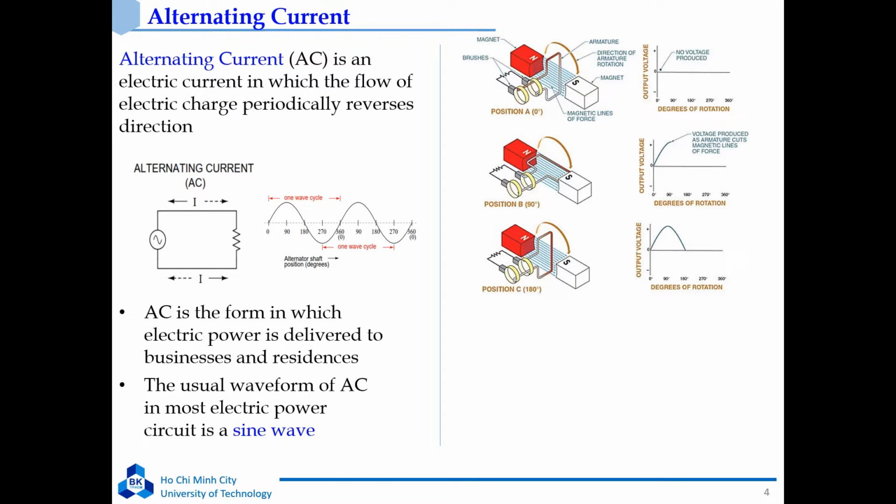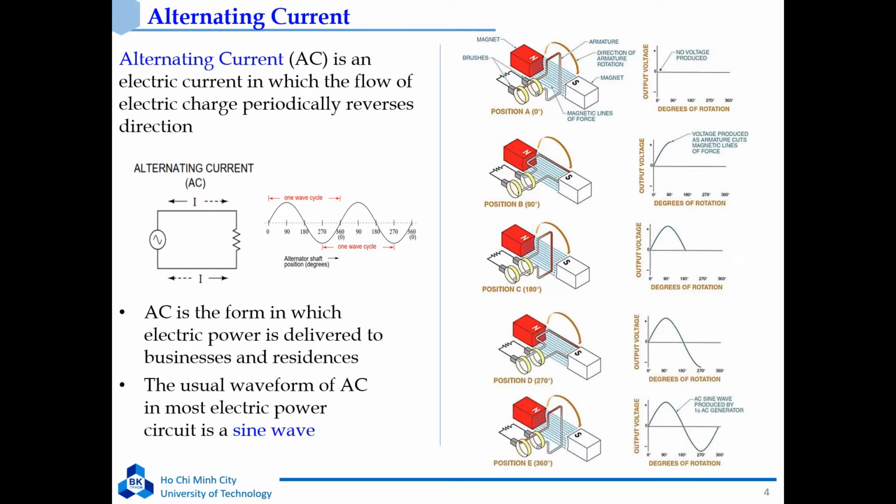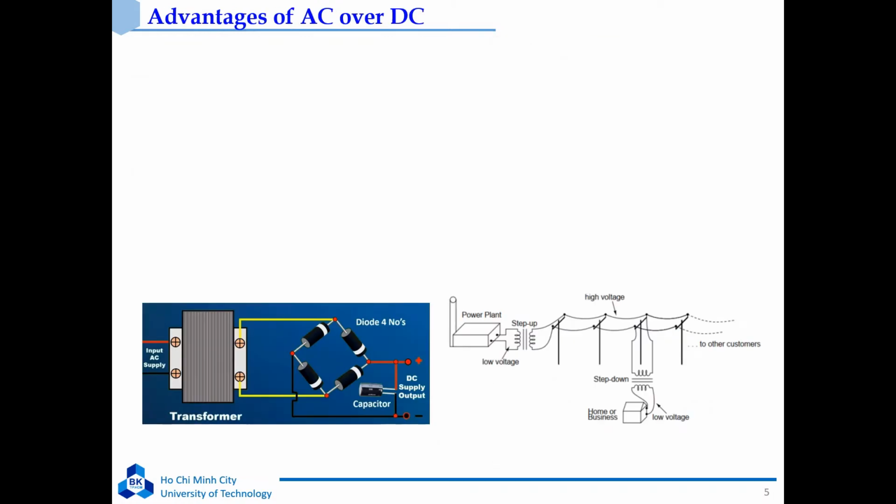The load current flows in the forward direction, and for the remaining half turn from 180 to 360 degrees, the negative half cycle is generated as shown in the figure. Due to the negative voltage, the load current now flows in the reverse direction, and the cycle repeats periodically as the generator's mechanism rotates. That's the reason why the waveform of AC is the sine wave.